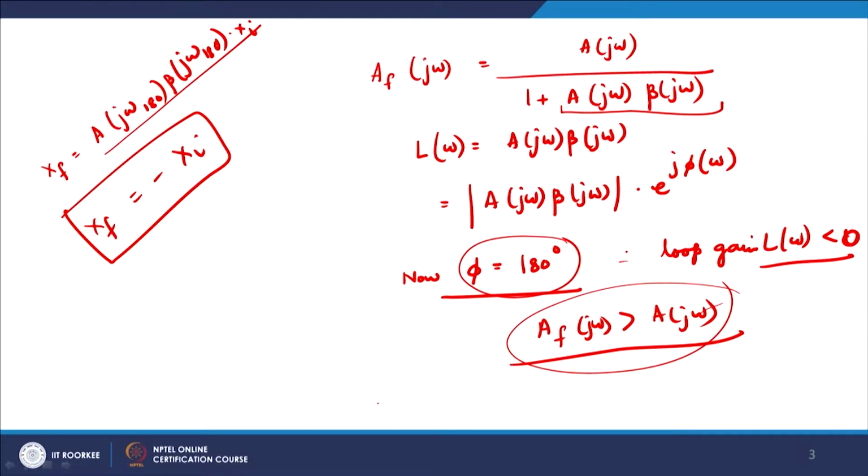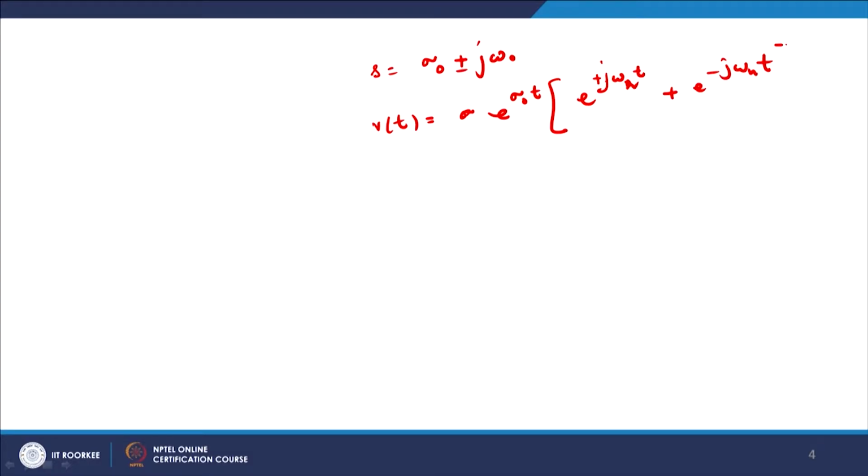I can just write down for you that the pole is given as s equals sigma 0 plus or minus j omega 0, and therefore the voltage v(t) is given as e to the power sigma 0 t into e to the power plus j omega n t plus e to the power minus j omega n t.